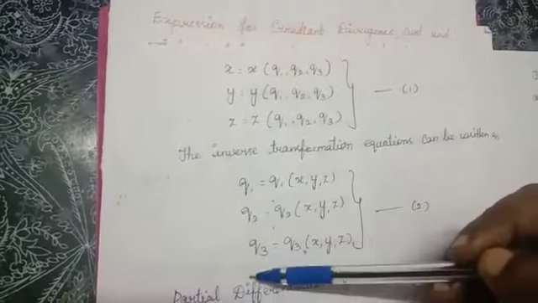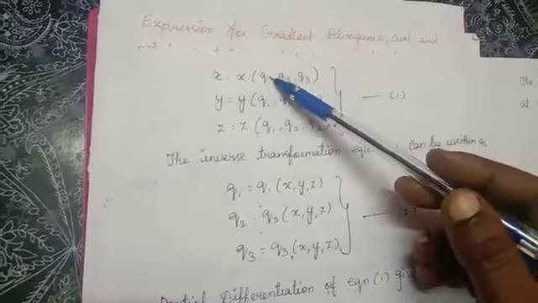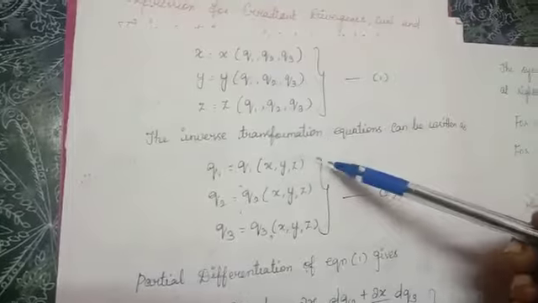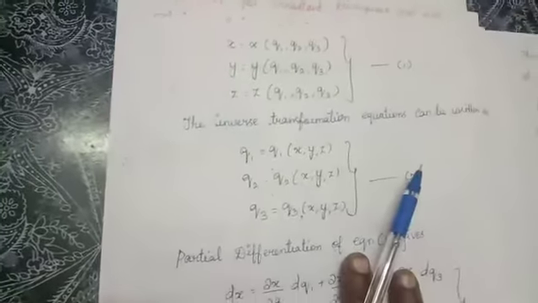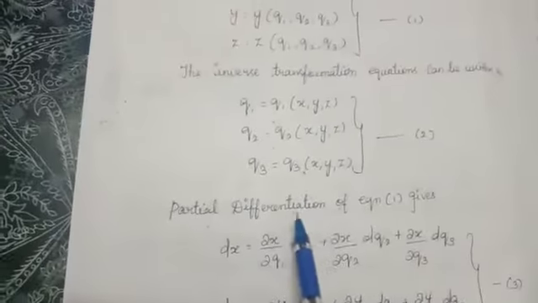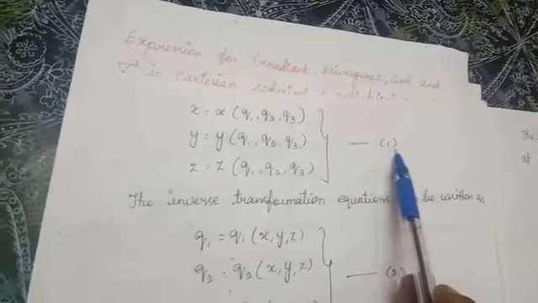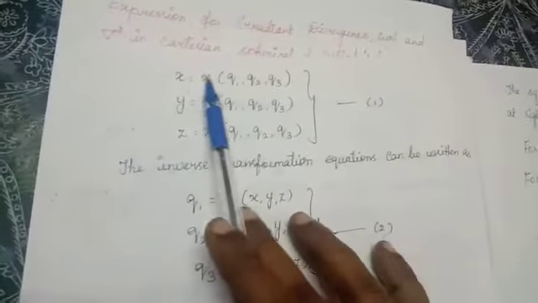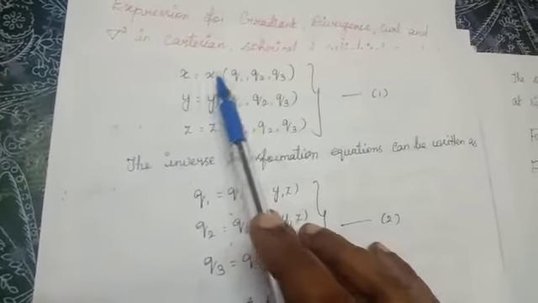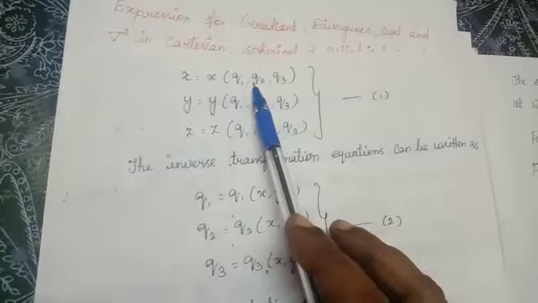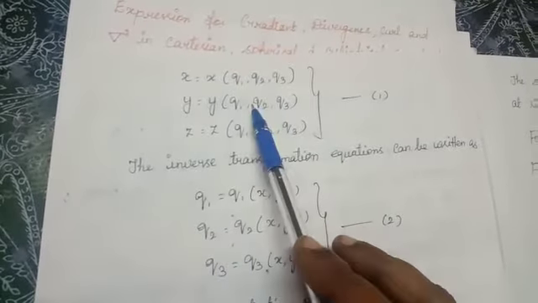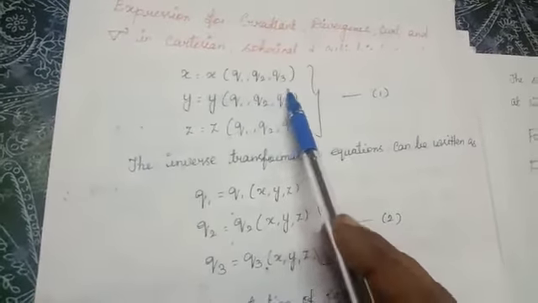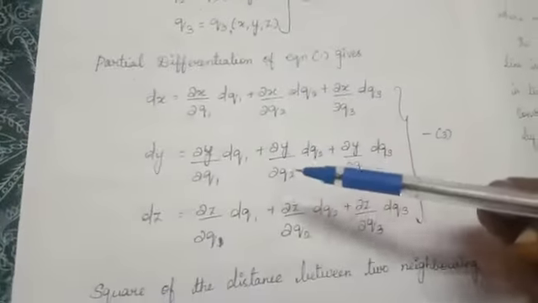Then partial differentiation of equation 1 gives dx equal to dou x by dou q1 into dq1 plus dou x by dou q2 into dq2 plus dou x by dou q3 into dq3. Similarly we do partial differentiation for y and z.